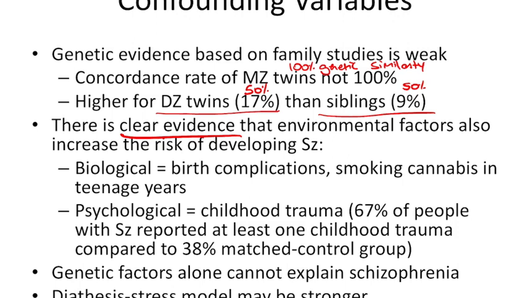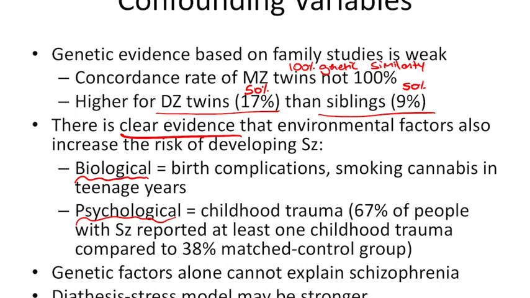Some of those other factors that we could look at could be biological factors. So there's been a lot of research into birth complications, looking at mother's exposure to the flu while pregnant, for example. Smoking cannabis in the teenage years also increases one's risk. We can look at psychological explanations, particularly looking at the influence of childhood trauma. 67% of people with schizophrenia have reported at least one childhood trauma, compared to 38% in a matched control group.